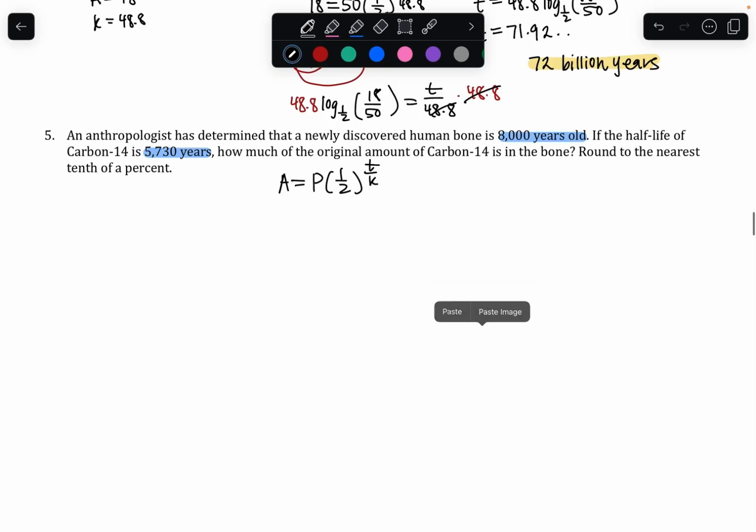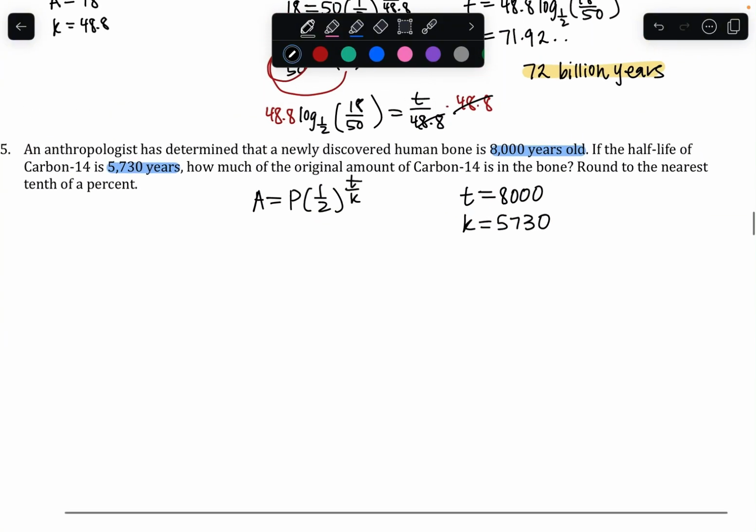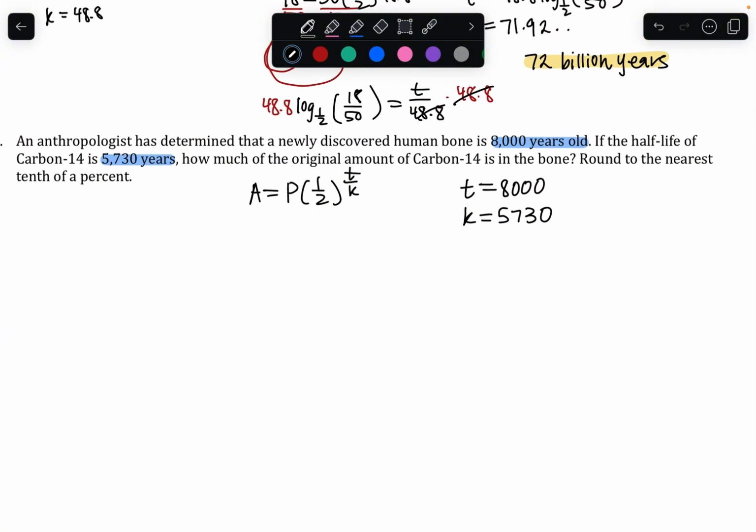And then the time, it says it is currently 8,000 years old, and the half-life, which is our k, is 5,730 years. These are in the same measurement of time, both years, so that's helpful. And then it says how much of the original amount of carbon is in the bone.